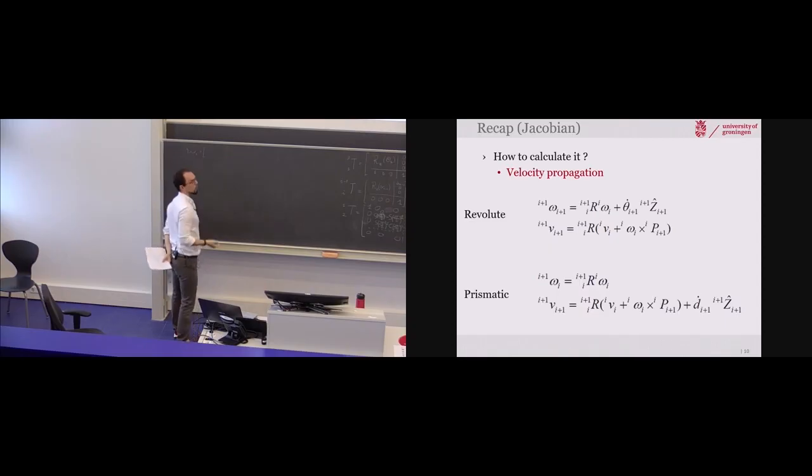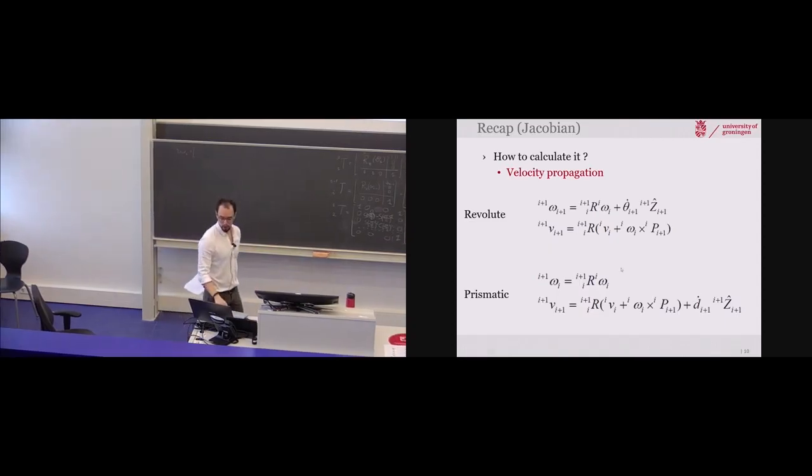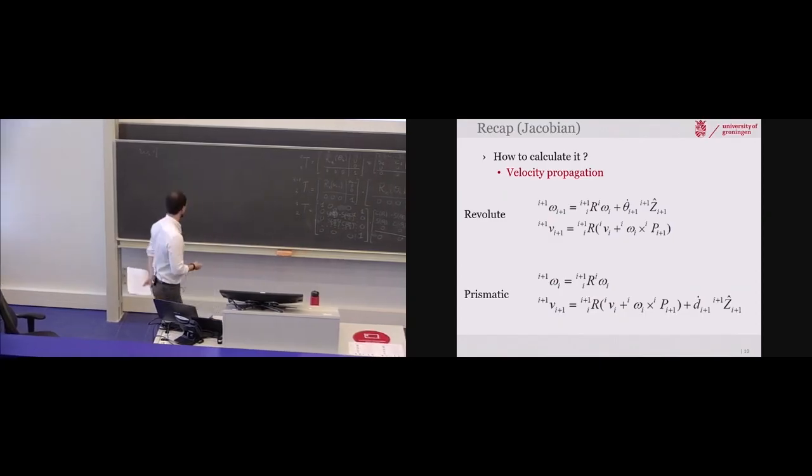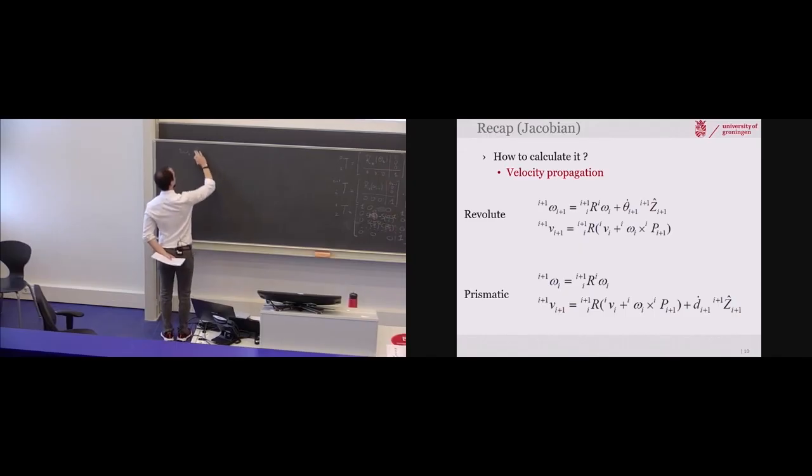Because there is no previous joint, so this omega here is 0, and there is no kind of rotation, so there is no angular velocity of the 0 frame. Therefore, this first part of the relation is equal to 0, and you only have the second part. Obviously, the axis here is 0, 0, 1, so you have to multiply theta 1 dot times 0, 0, 1. Therefore, you obtain as angular velocity of frame 1 measured in frame 1, 0, 0, theta 1 dot.